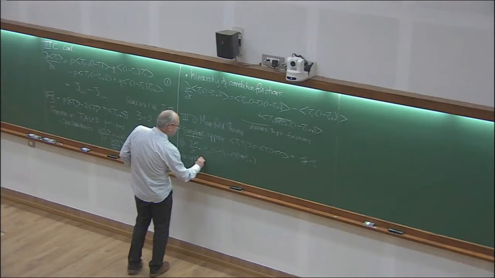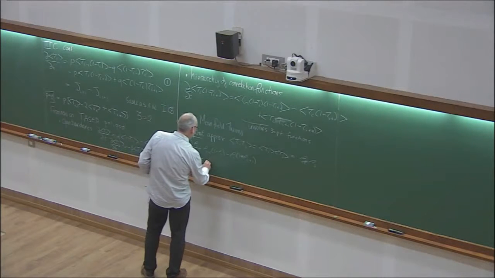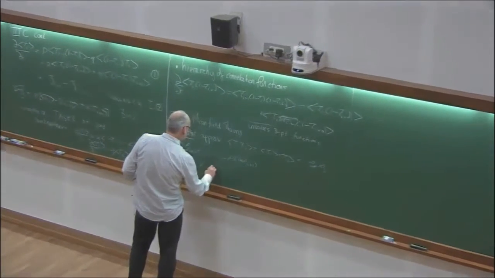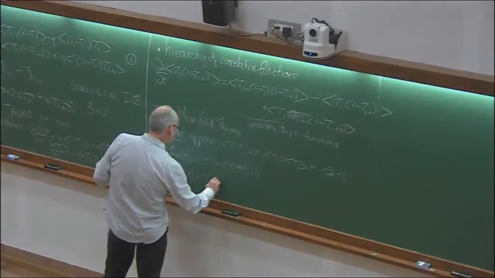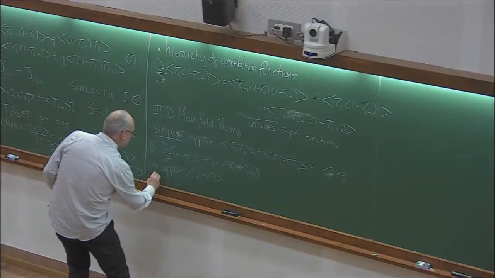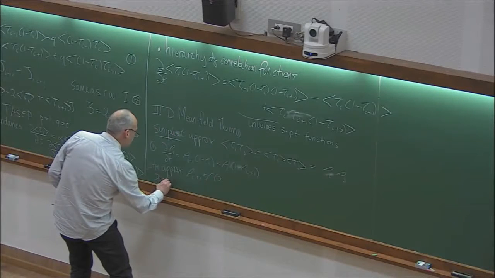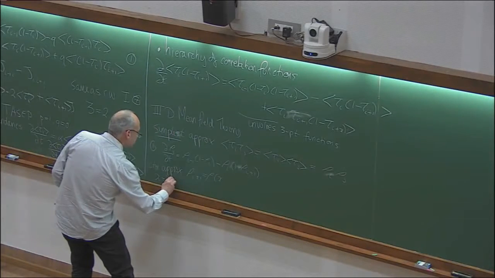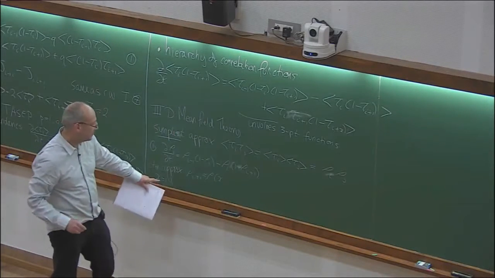So remember, we introduce a lattice spacing, so we say rho i plus or minus 1 becomes rho. Continuum approximation, x is equal to i, the lattice position, times a, the lattice spacing.